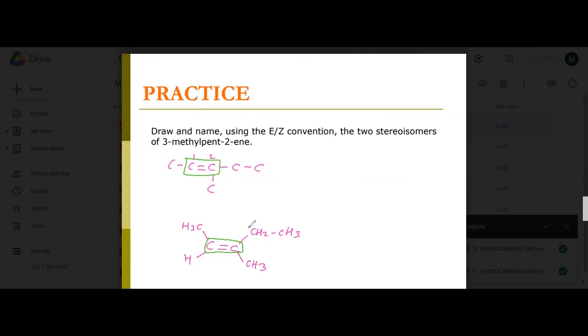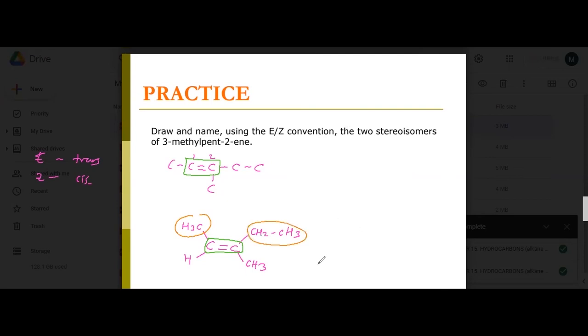Is it an E or Z isomer? Once again, E is opposite, that means trans, and Z is same side, that means cis. Let's see the priority. H or methyl? Methyl has the higher priority. How about ethyl and methyl?